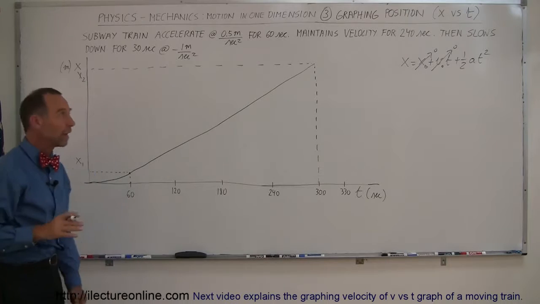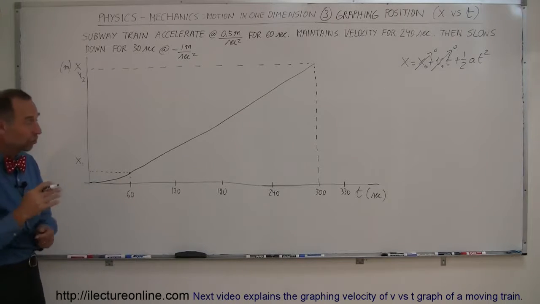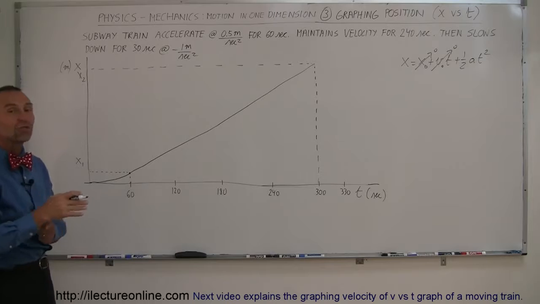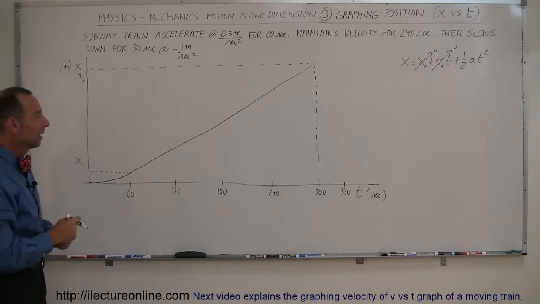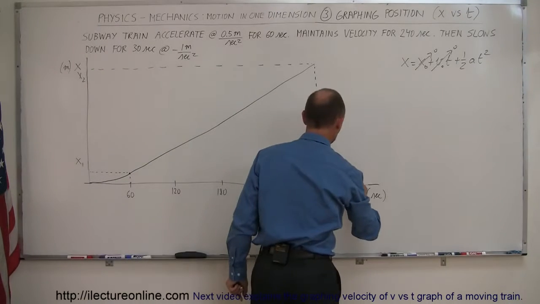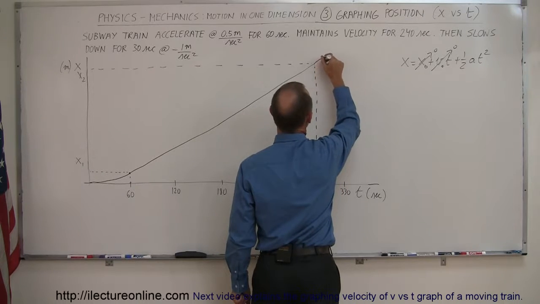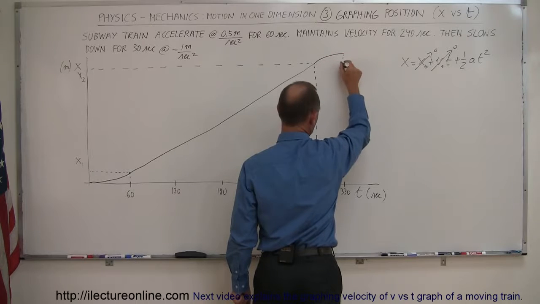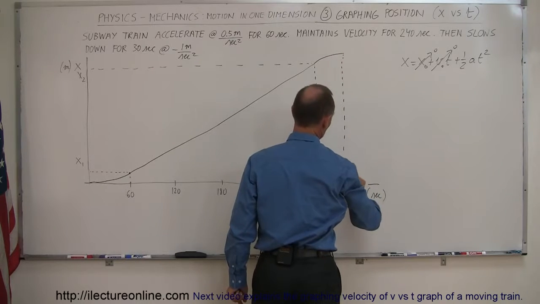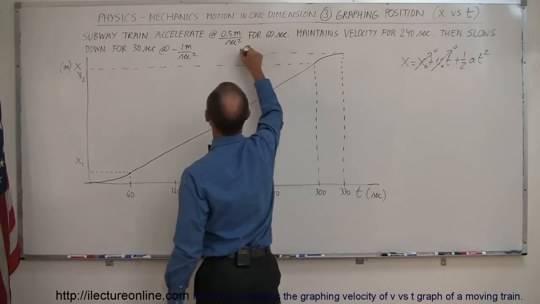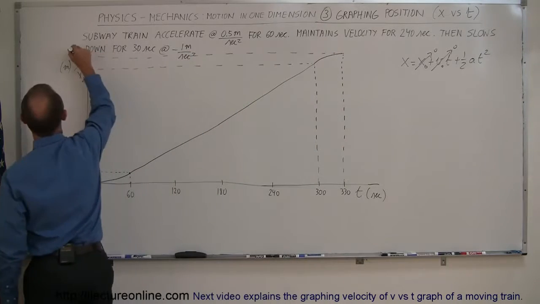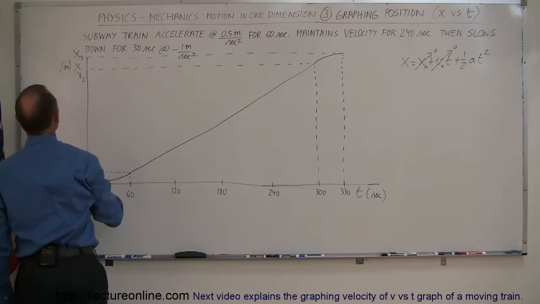And what does the train do now? Well, for the next 30 seconds, it slows down back to 0 meters per second, and it will then have reached its next station. So then that would be a negative acceleration, so the velocity will be slowing down, so it will kind of look like this. And so after 330 seconds, it will then have reached its maximum displacement, x sub 3.